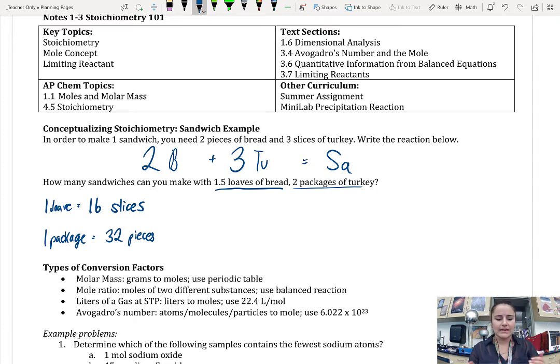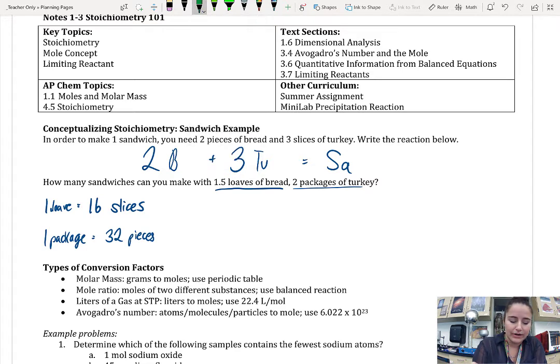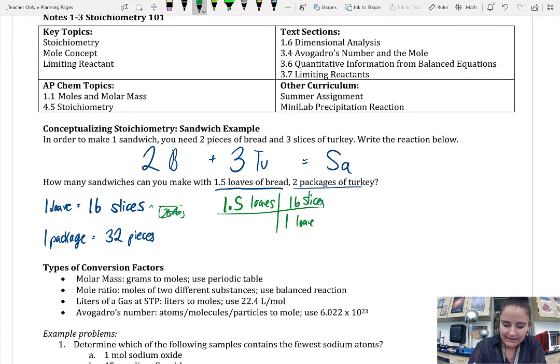I need to figure out which one of those limits how many sandwiches I can make. So with this, it should be pretty clear to see. I have 1.5 loaves of bread. So 1.5 loaves, and then I can convert that. Every 1 loaf has 16 slices.